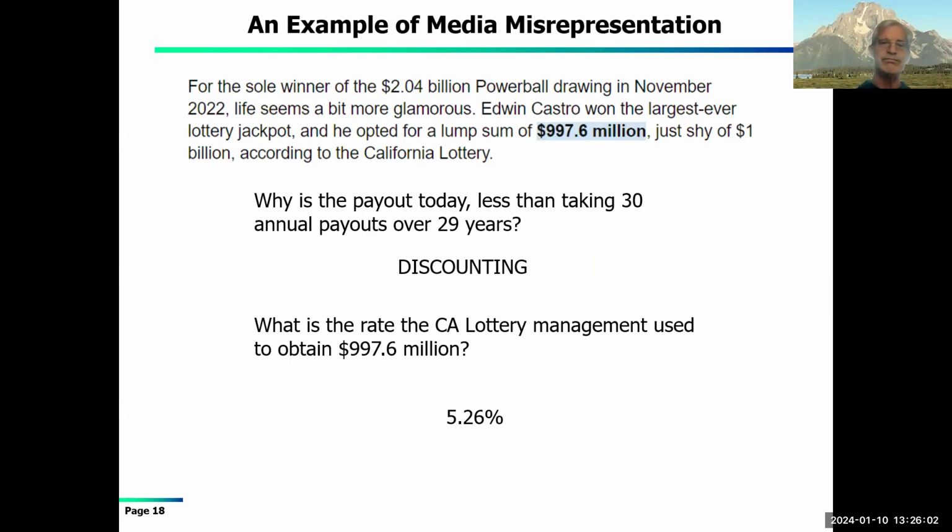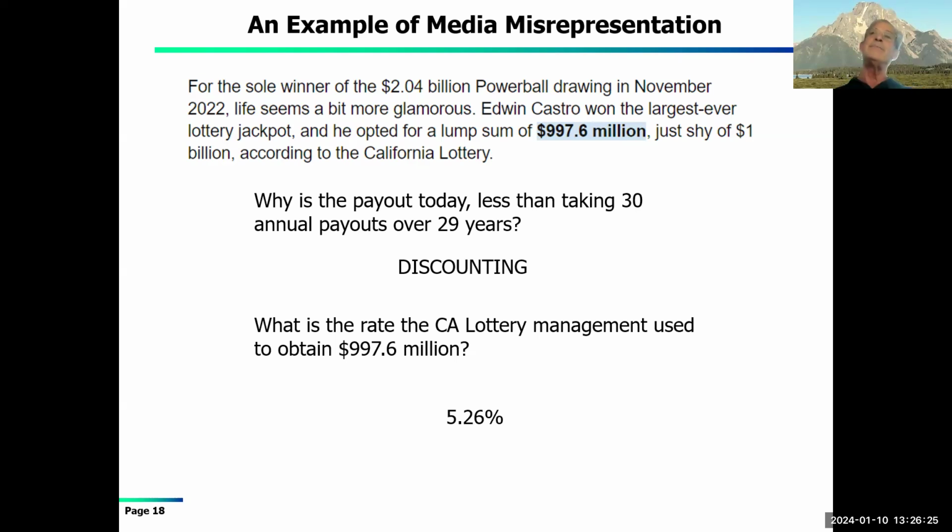This isn't that recent of one, but it's the same idea, which is, in this particular example, what is the interest rate that California lottery management is using when they say, oh, you have an option. You don't have to take the equal payout over 20 years.